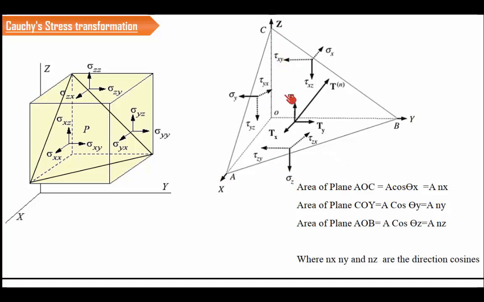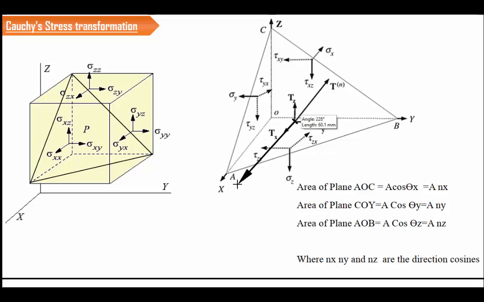Now, in order to find the stresses in this particular plane ABC, we are going to resolve these forces, which are acting on different planes, to the particular plane ABC, and after that we are going to resolve it into the normal direction. So in order to do that, we have to define a new axis system here.